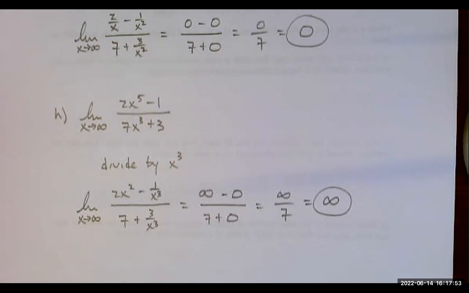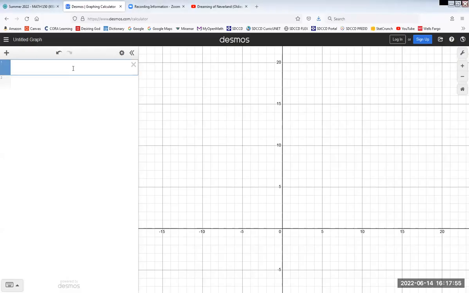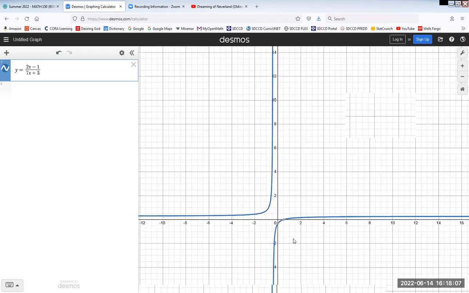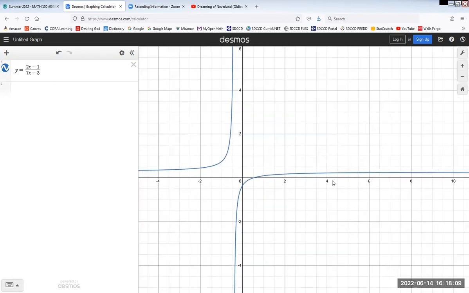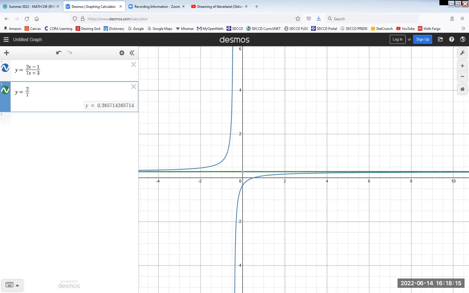Some quick graphs. Let's take a look back. We had 2x minus 1 over 7x plus 3. And there we can see there's a horizontal asymptote. It's not quite clear, but that happens at 2/7.